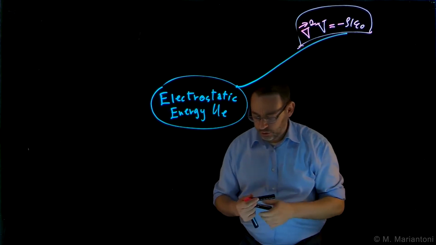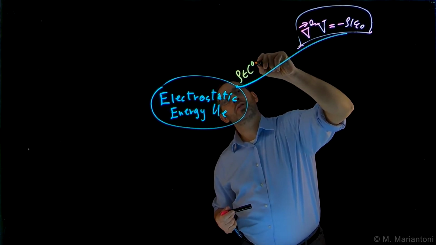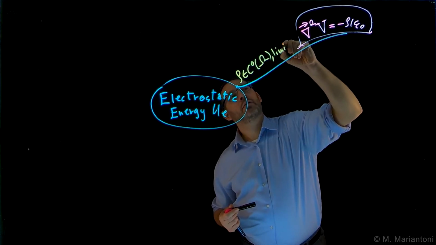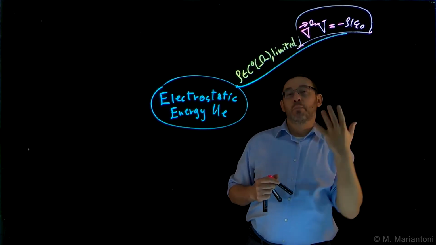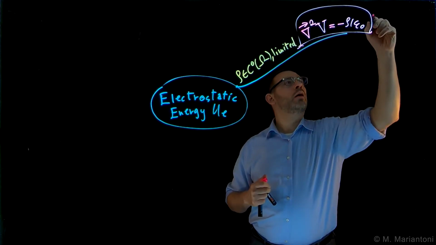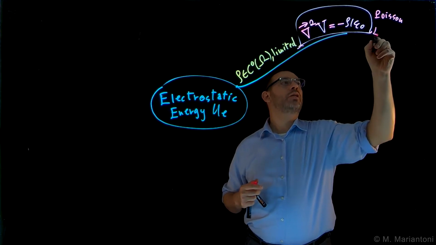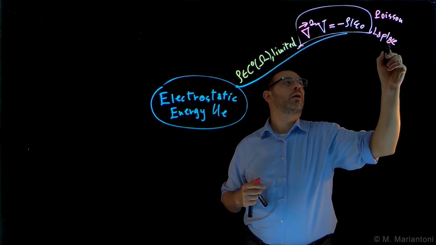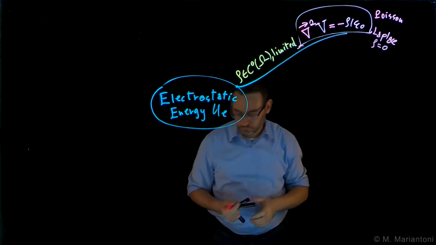And again, the conditions are that ρ has to be continuous in capital omega and limited. Eventually, we obtain Laplace equation. So this is Poisson. So Laplace is for ρ equal to 0. Great.